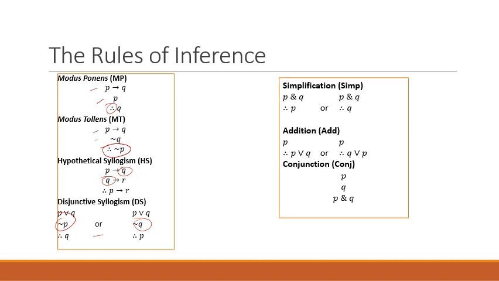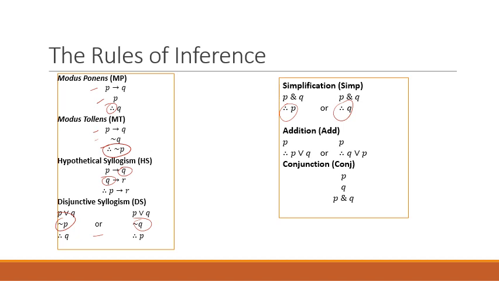So if you have P and Q, you can put P on a line. If you have P and Q, you can put Q on a line, or you can derive Q. So that's easy. Whenever you see a line that is a conjunction, you can break it apart.